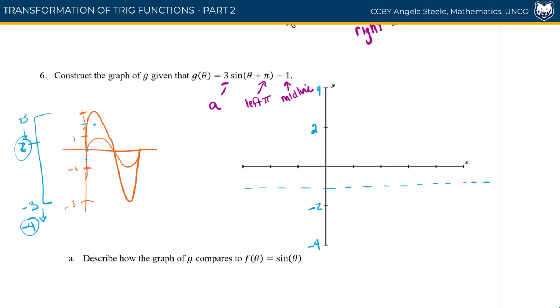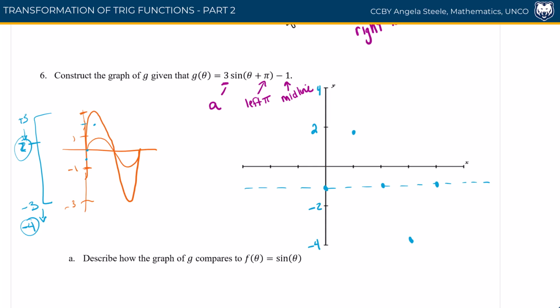And so that means our function is going to be oscillating around this midline. What I'm going to do is draw a quick rough sketch of our typical sine function before we deal with the left pi over 2. So we start here, we go up 2 units, back to the horizontal line. Here we're at -4, and then we're back.